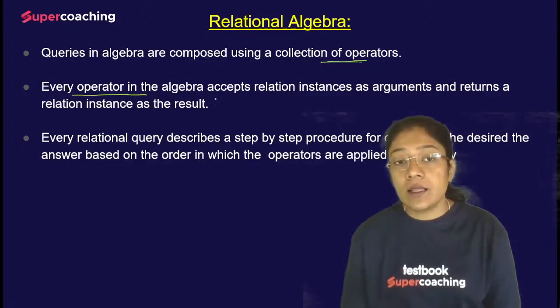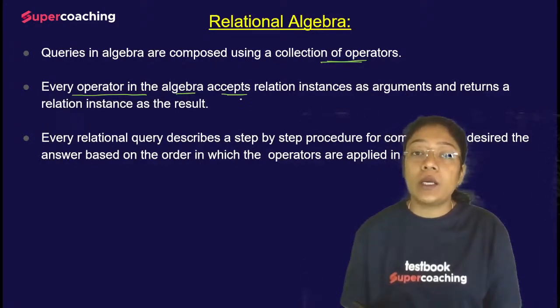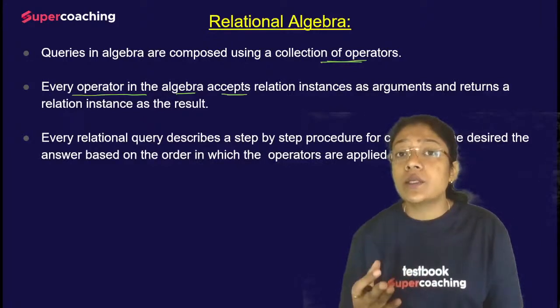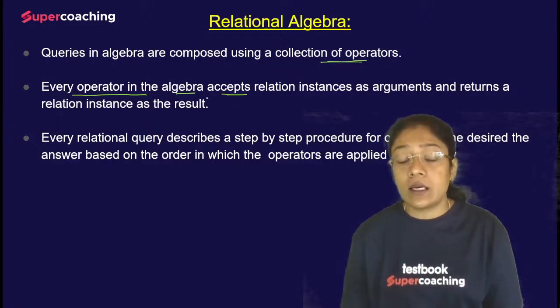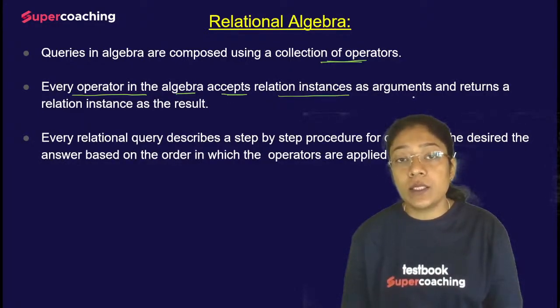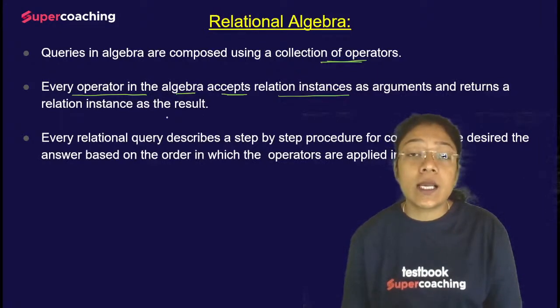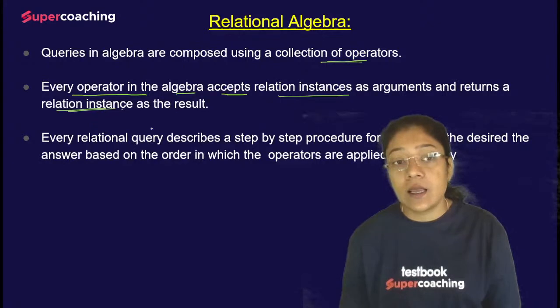Every operator in the algebra accepts what? For every operator, for every query, what is the input? That is the table instance. So every operator in the algebra accepts relational instances as arguments and the result of the query will also be in the form of a relational instance.